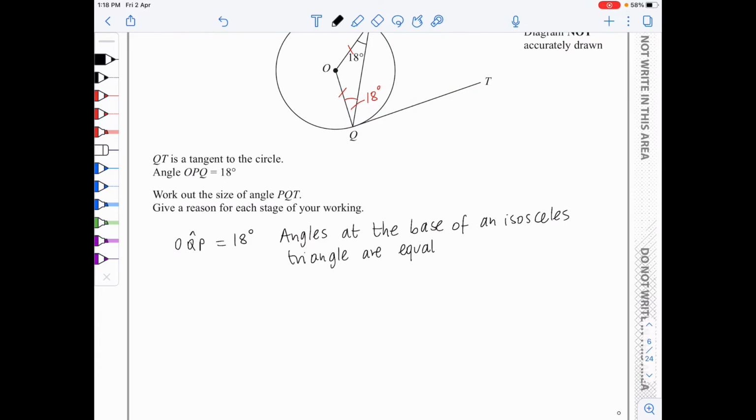So OQT is 90 degrees, and the reason is angle between a tangent and the radius at the point of contact is 90 degrees.